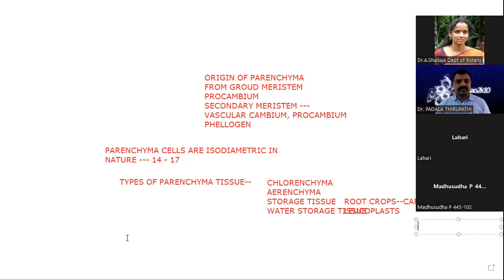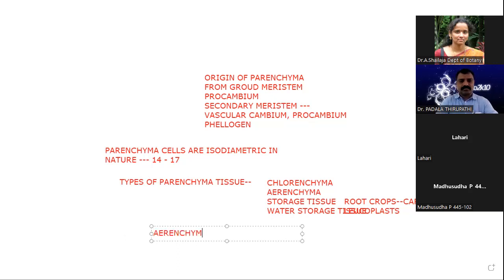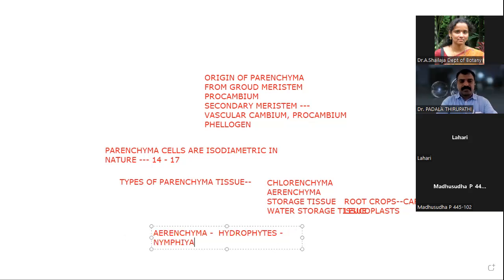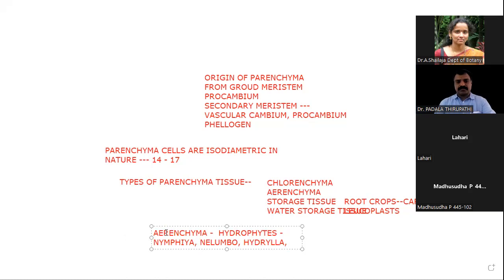Next we are coming to the third one, Aerenchyma, in the hydrophytes. Already you know that in some plants which grow in moisture, intercellular spaces are well developed. These are larger than the size of the cells, and the empty spaces are filled with air. Due to the presence of air in these empty spaces, they are helpful for buoyancy.